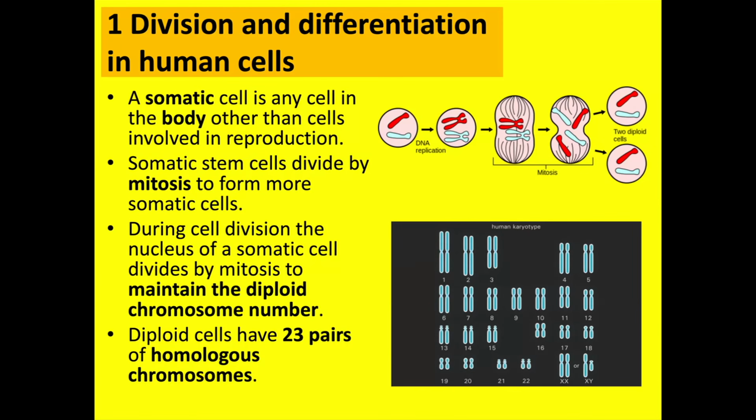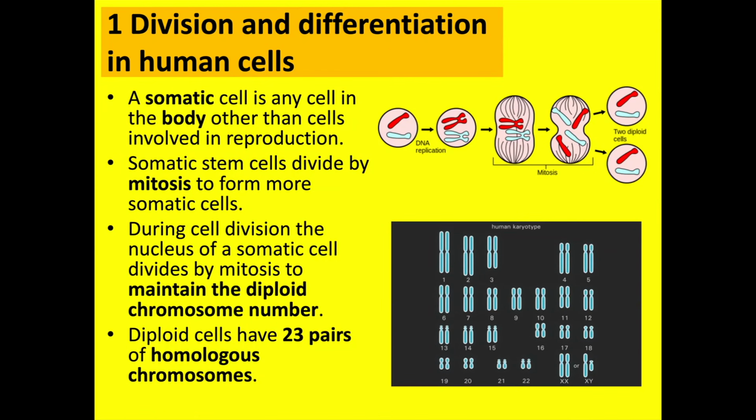Okay, in humans, because we're obviously focusing primarily on humans in this course, it's going to be 46 chromosomes, but those 46 chromosomes are arranged in 23 pairs. And we can see from this diagram at the bottom here that arrangement, we get 23 pairs. And we call them homologous chromosomes because if you look at each pairing, you'll see that each chromosome looks very similar to the other one in the pairing.